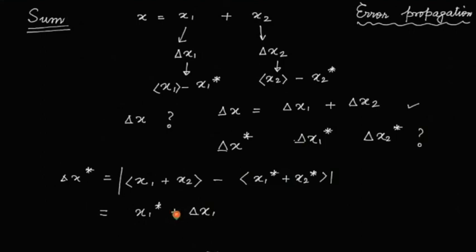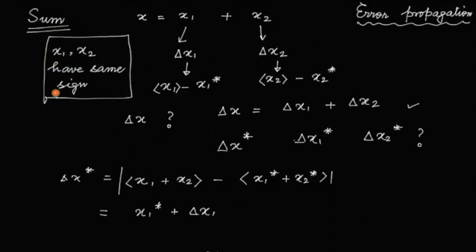One thing I forgot to tell is that all these numbers have the same sign. It doesn't matter if they're positive or negative, but if one is positive, the other is also positive. Otherwise, it will just become a subtraction. That's why x1 and x2 have the same sign.